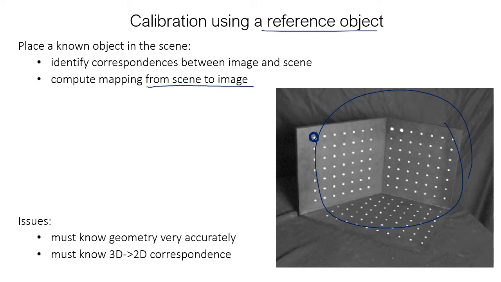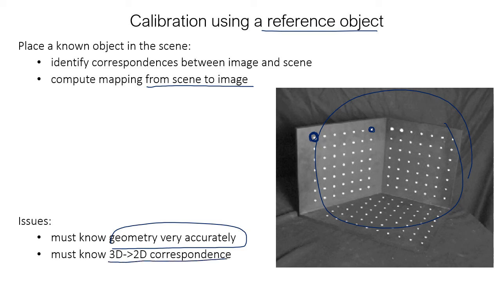So there are some issues. We should know the geometry very accurately. So the real position of this point should be very accurate, like less than millimeter accuracy, like micrometer. Okay. Also, we should know the 3D to 2D correspondence.